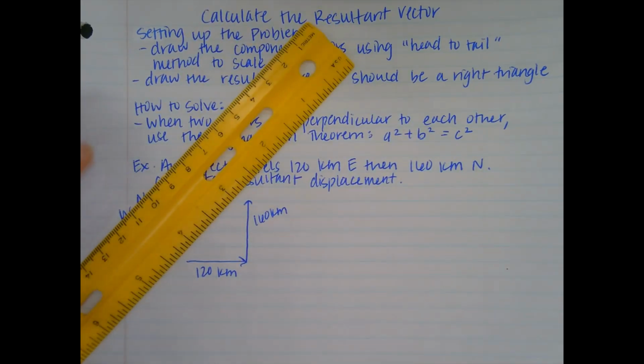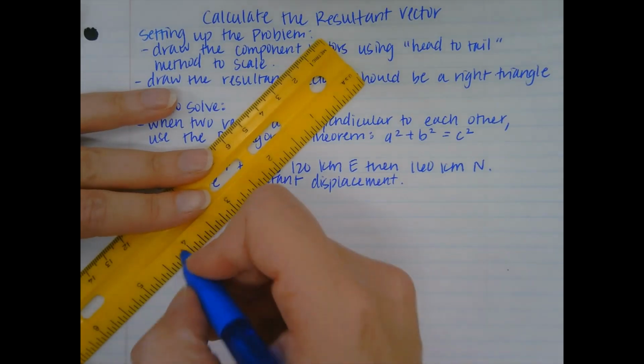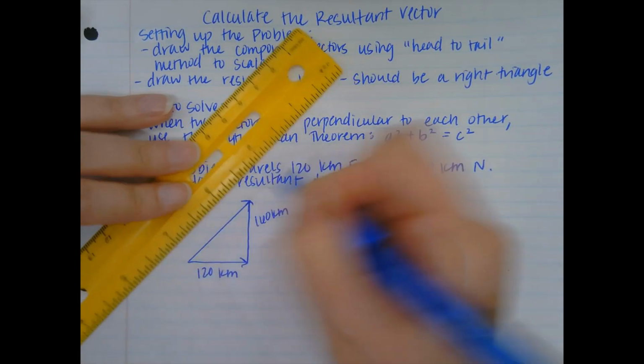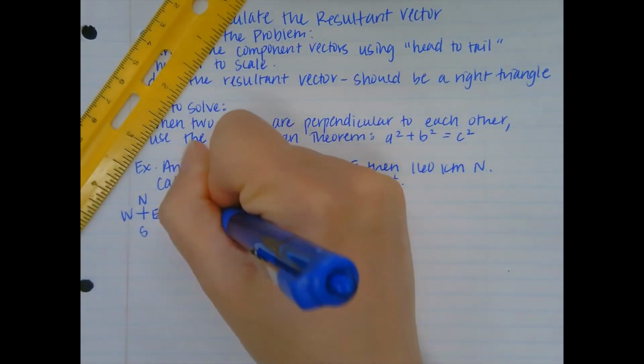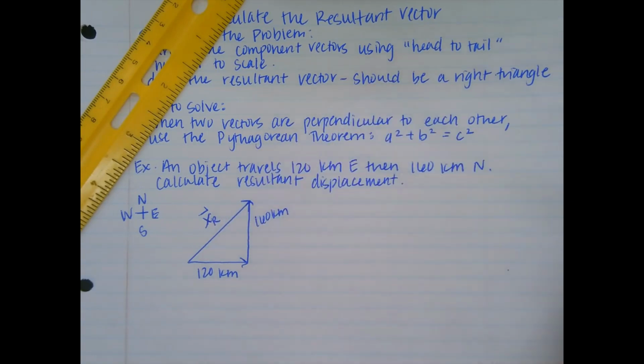So I'm going to use a ruler and draw my resultant vector from the tail of the first to the head of the second, and this is my displacement resultant vector.